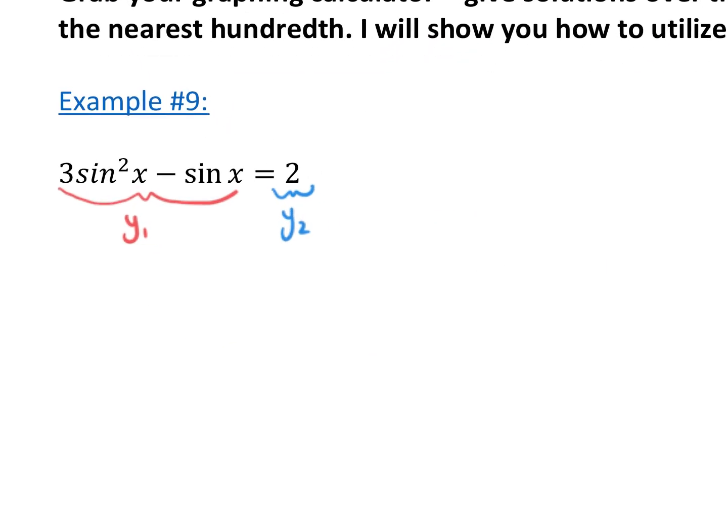So I will show you how we're going to type this in, and then what I want our window to look like. In your window tab, I want you to make sure your x minimum is 0 and your x maximum is 2 pi. You can literally type in 2 pi.